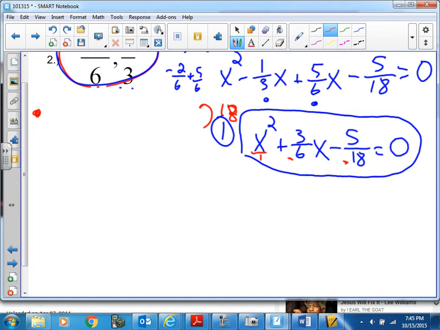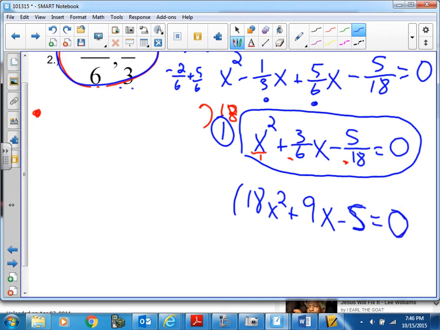So we'd end up with 18x squared. And 18 times 3, 6 would give me, these would cancel, so that'd be plus 9x. And the 18 and the 18 would cancel, so that'd just be minus 5 equals 0. So that could be your second equation.